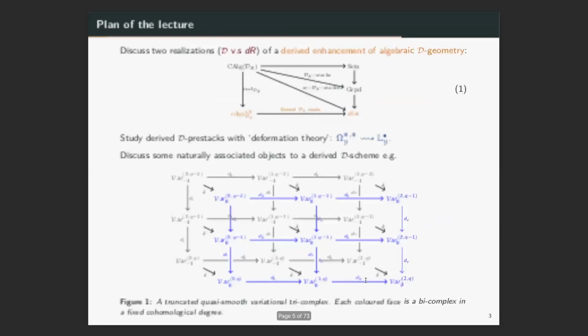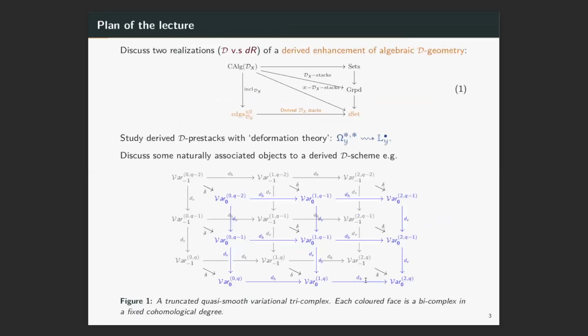Okay, so the 2 realizations of the picture we're going to talk about are this D versus Derived. And I'll say what this means more. It really comes down to the fact that connections and differential operators can be encoded in 2 really standard ways. Actually, if you come from differential geometry, maybe action of differential operators is more familiar than this Derived one, which is sort of a quotienting of a formal groupoid by this infinitesimal symmetry relation.